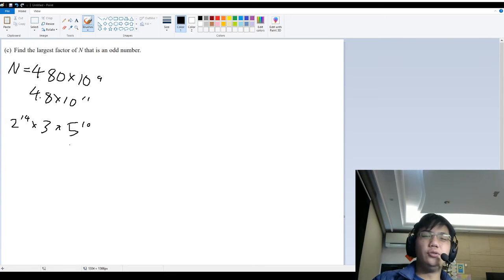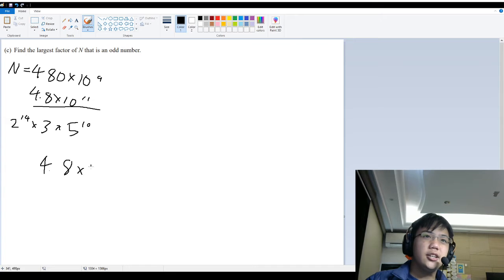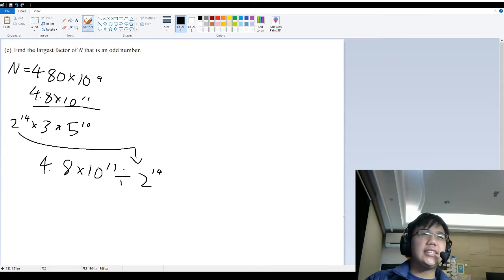Now the way we solve this question is simply to divide this number by 2 to the power of 14, as 3 and 5 are both odd prime factors, so 3 times 5 to the power of 10 would be an odd number.